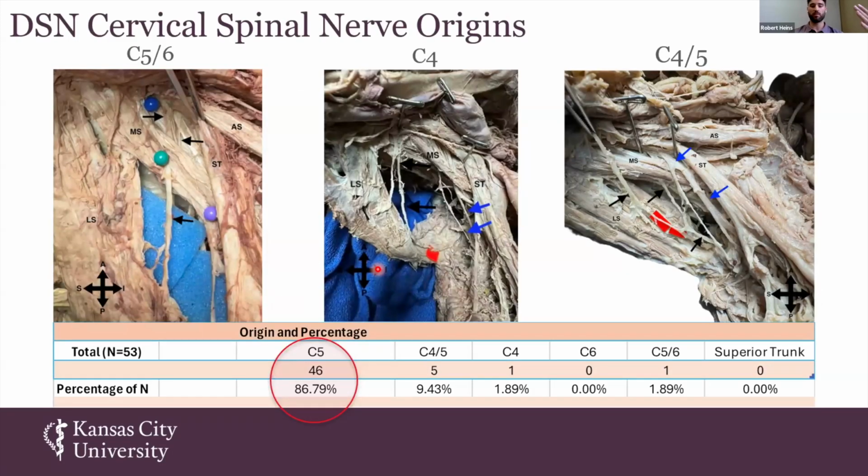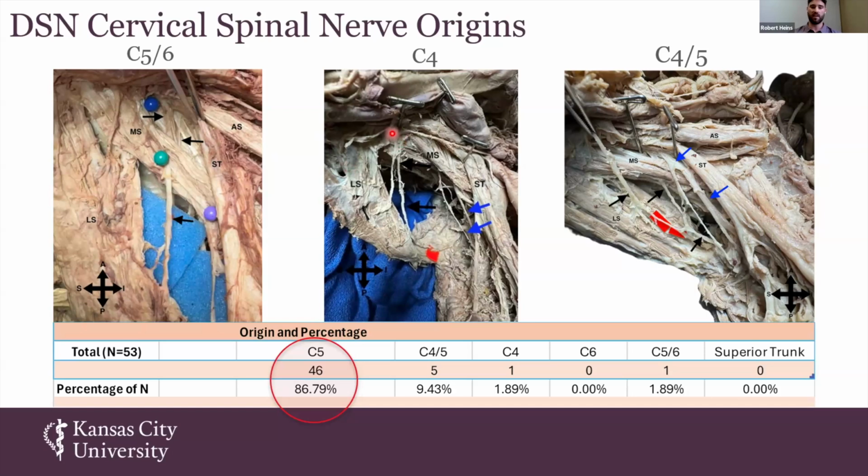So in our study, we found classical anatomy of the dorsal scapular nerve about 87% of the time, originating from C5. But we do have some notable exceptions here. On your left, you'll see C5 here, along with a small C6 connecting branch that connects within the scalene muscle here, forming the dorsal scapular nerve.